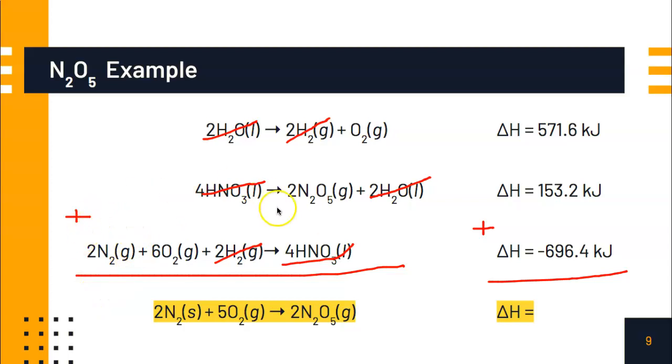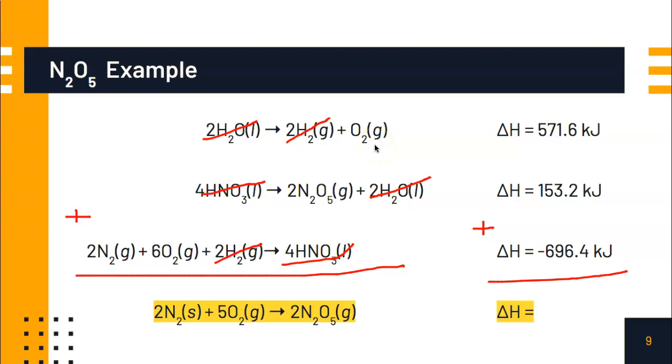Now, I have only 2 dinitrogen pentoxide, which should go straight down because that is our target. I have 2 diatomic nitrogen. I have 6 diatomic oxygen. However, I'm looking for 5, but this oxygen up here is on the product side.